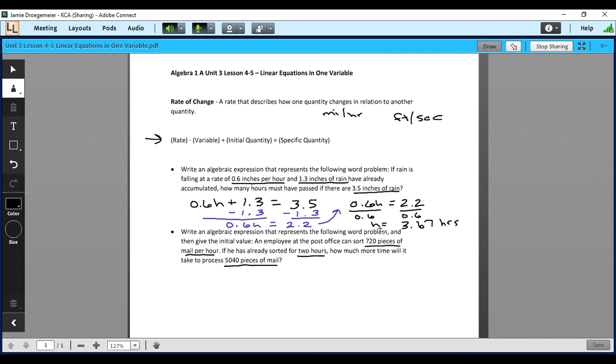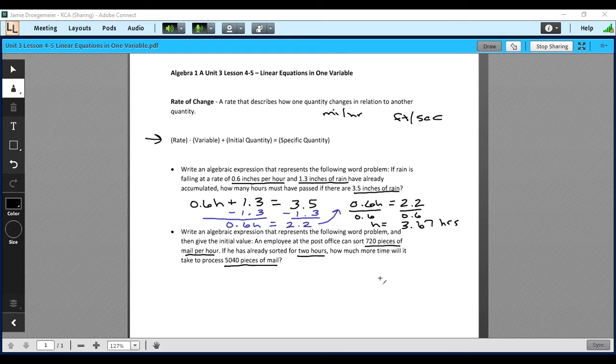All right, so in this one, we're trying to find that initial value and the algebraic expression. So for this one, we need to start by finding what that initial value is, because we know he's sorted for 2 hours already, and so we need to know how much mail that would represent.